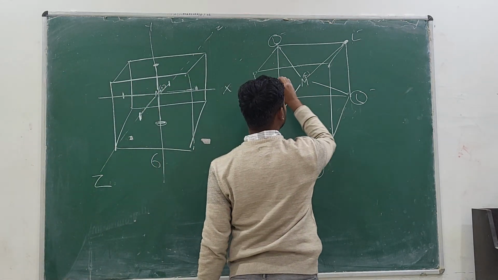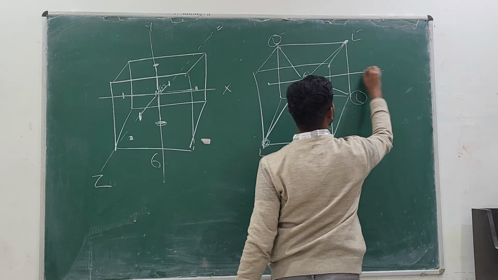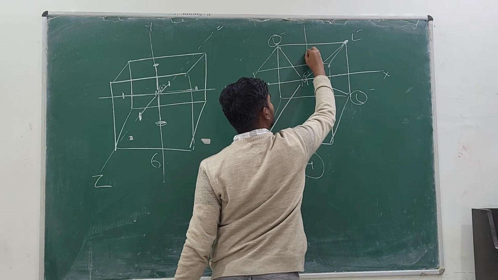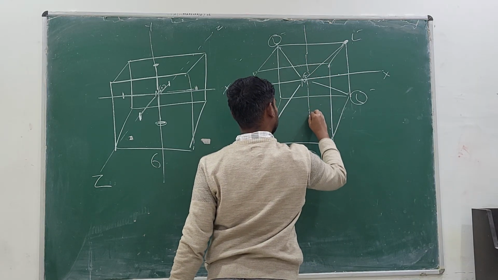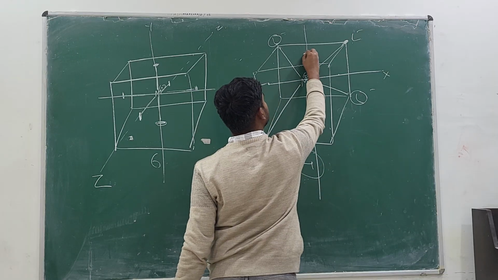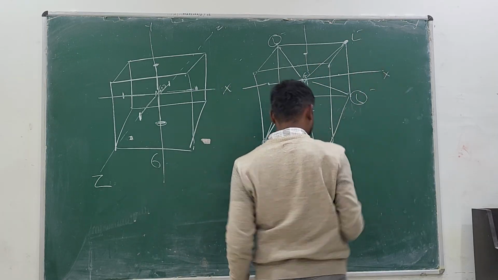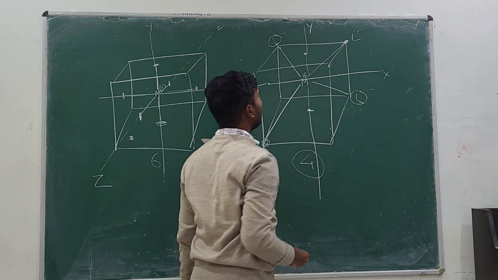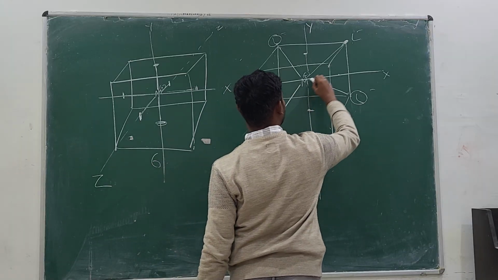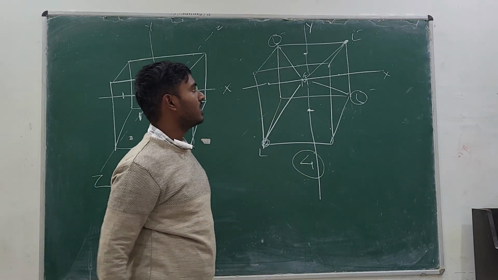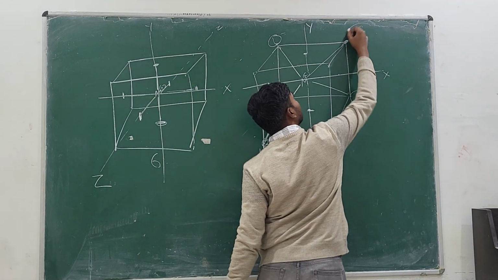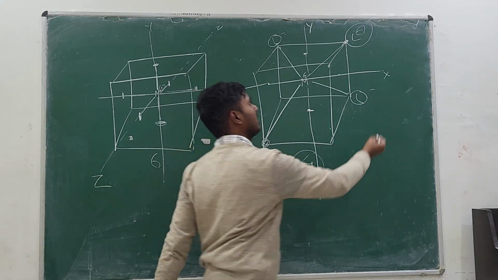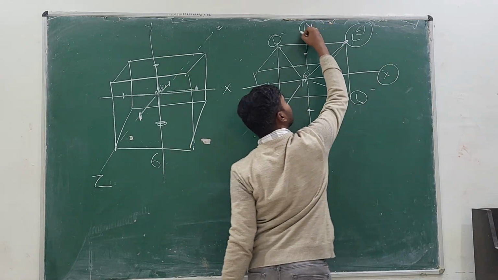If we draw the same axes here, this is our x-axis, this is our y-axis, and this one is our z-axis. I am not drawing the z-axis for the sake of simplicity. You can now see that our ligand is approaching from in between the x and y axes.